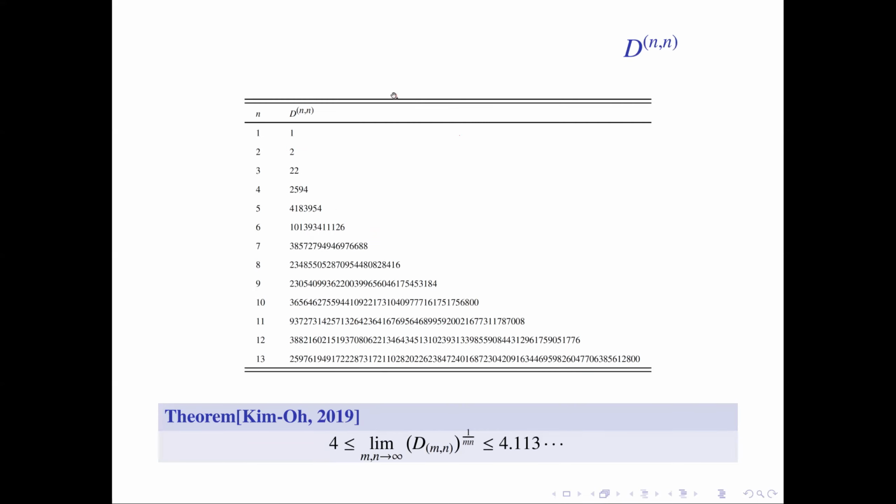Thank you. Do you have any guess about the significance of that limit of Kim and Oh? It's bigger than 4, but what should it be? I don't know exactly, but they got this value only.